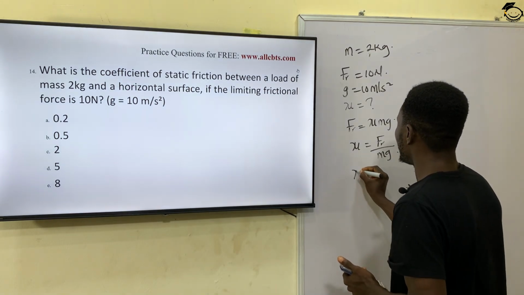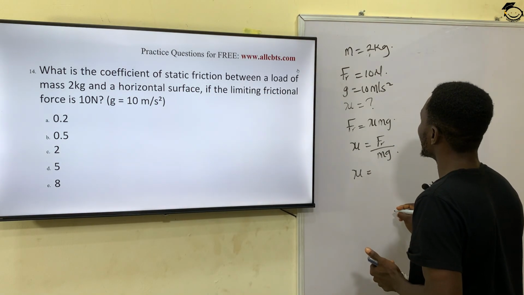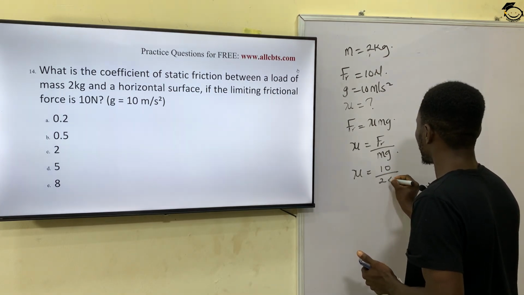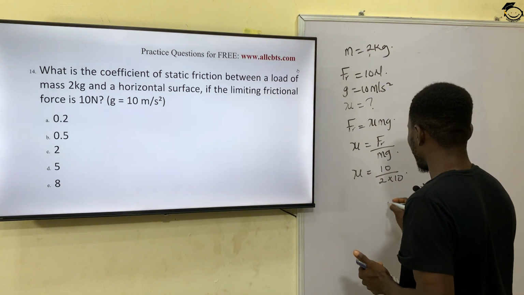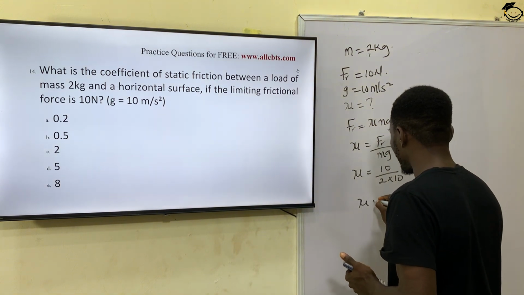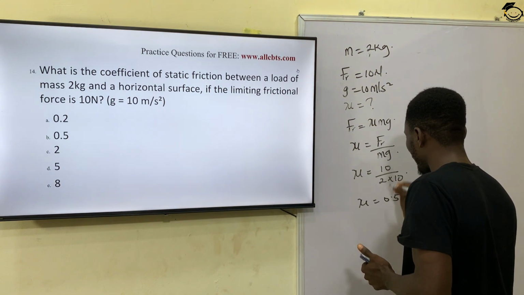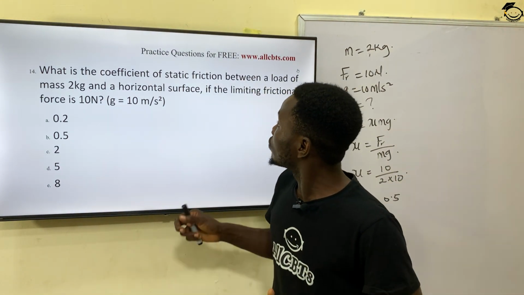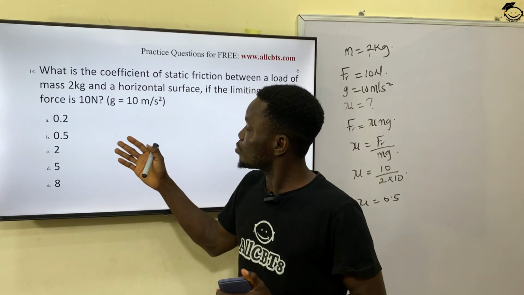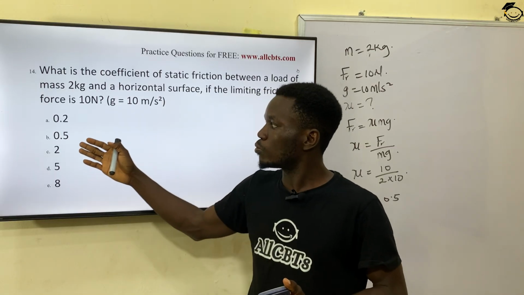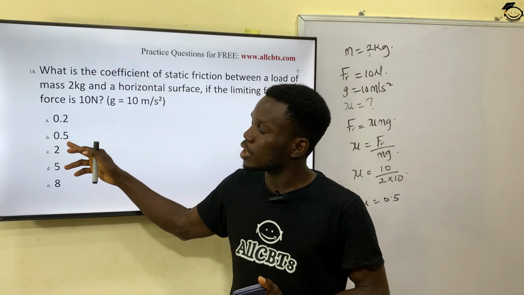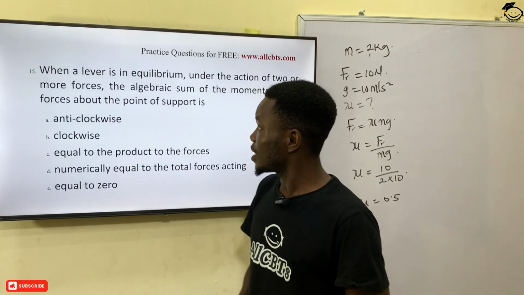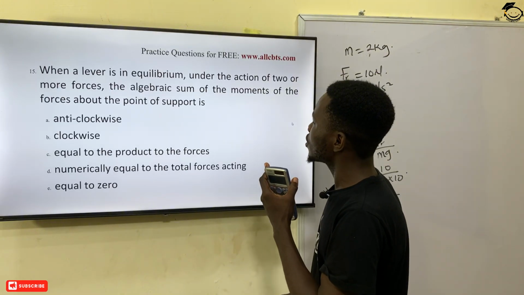So it means that my mu, which is the coefficient of static friction, is equal to 10 divided by 2 times 10, which gives mu equal to 0.5. So the coefficient of static friction between a load of 2 kilogram mass and the surface is 0.5.